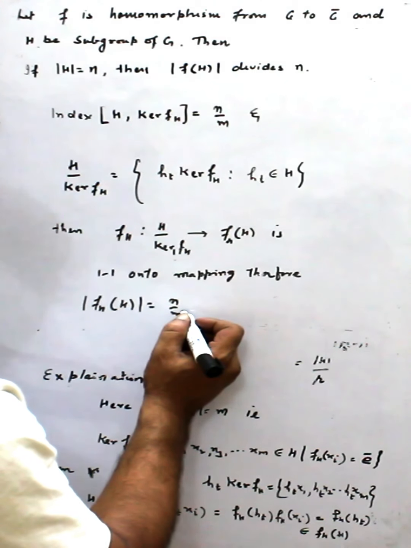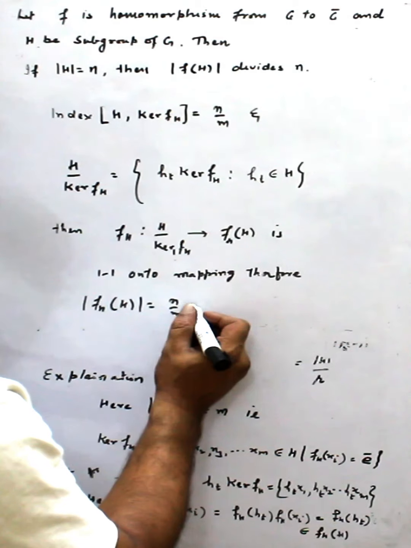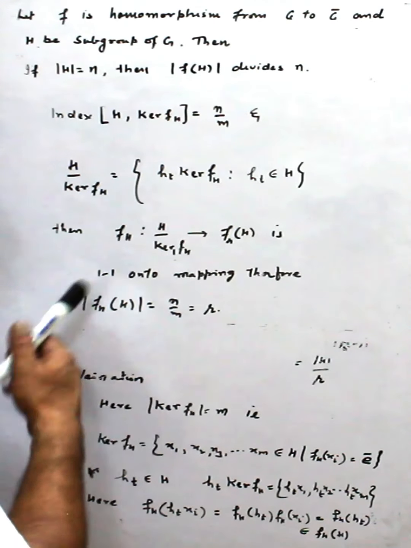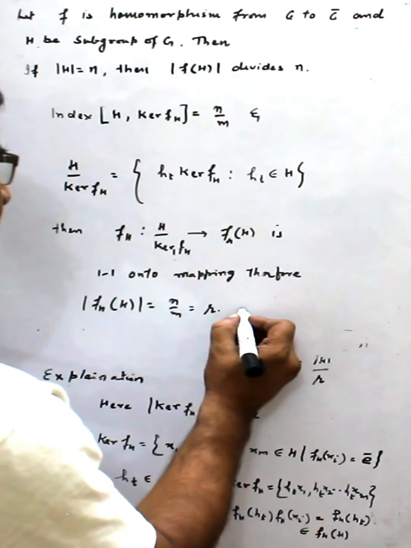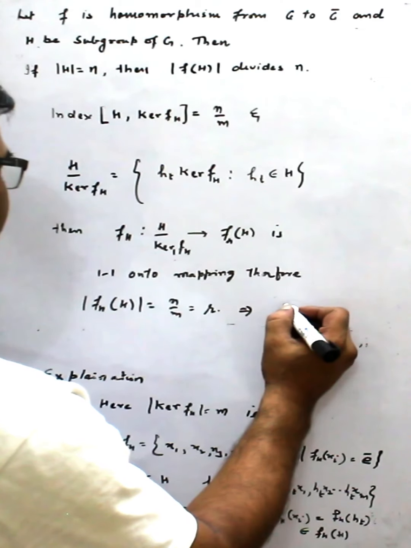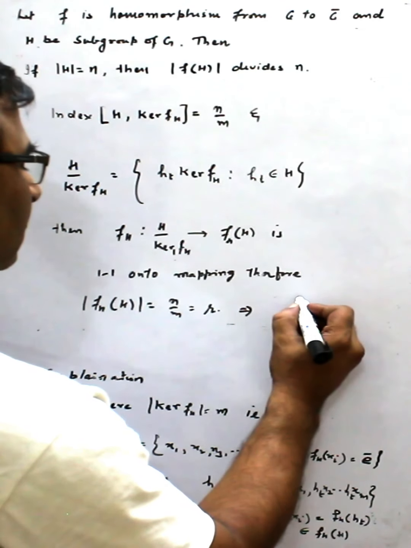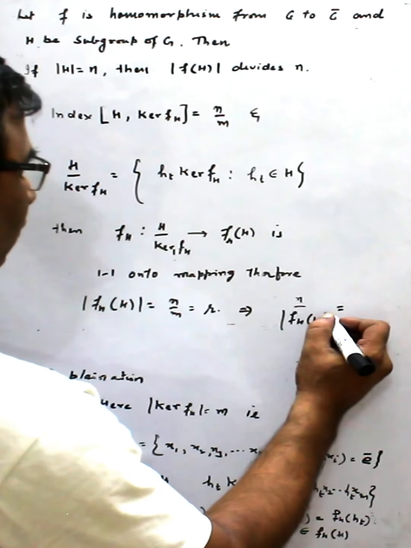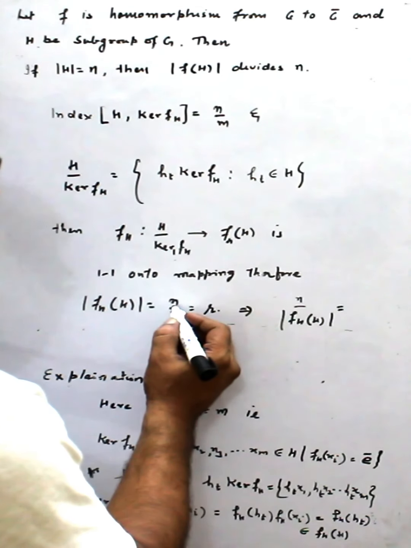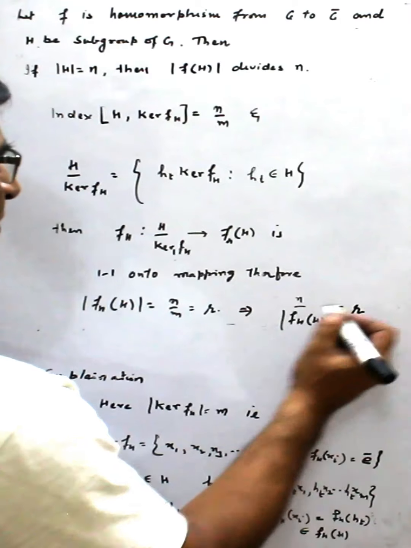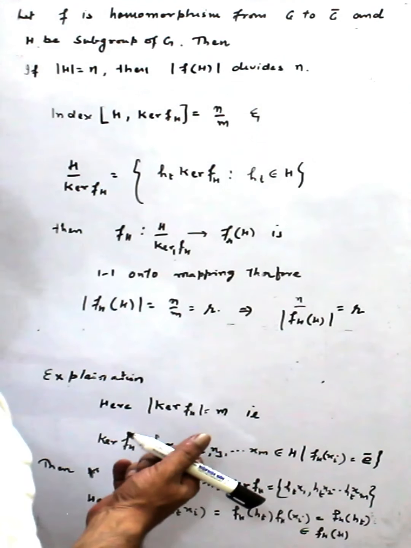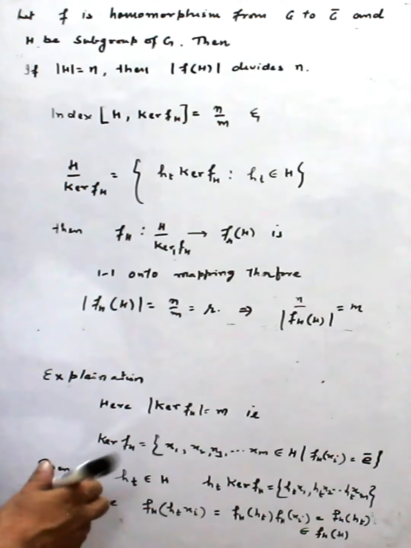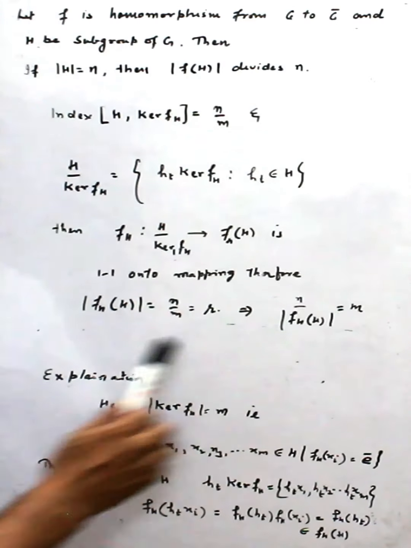So we can say that this divides n, and this is R. From here again, by the same formula which we have proved, n divided by the order of F(H) is equal to m.